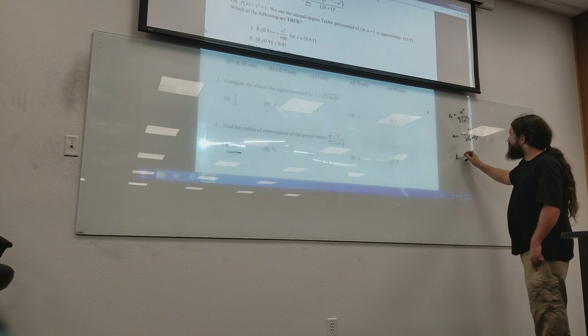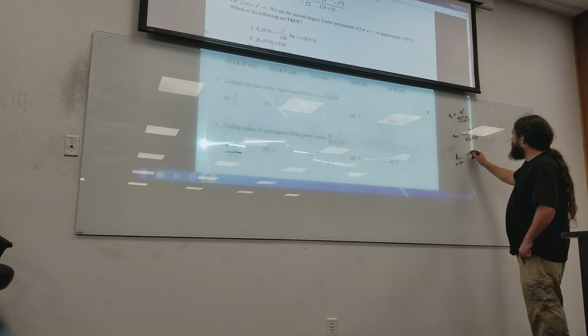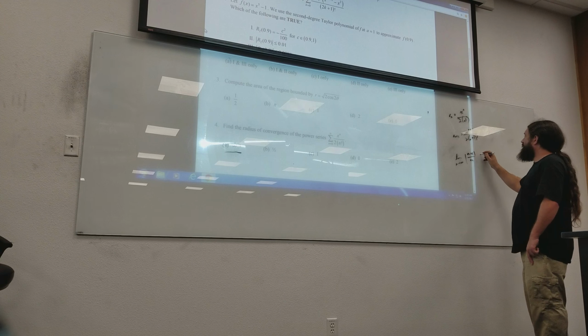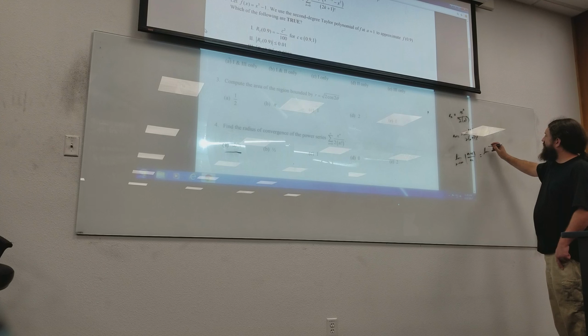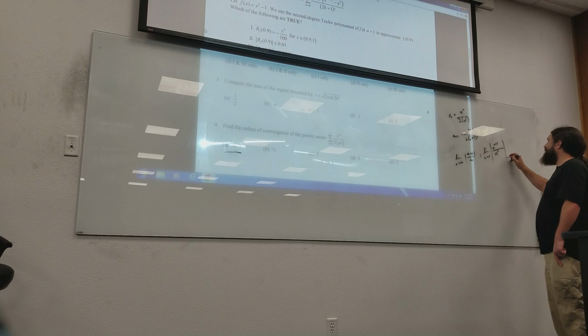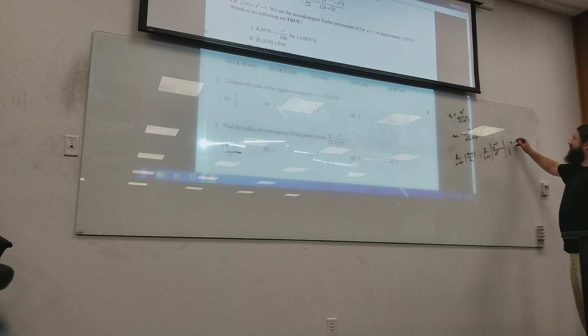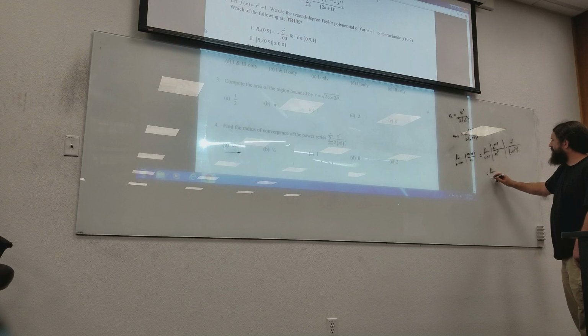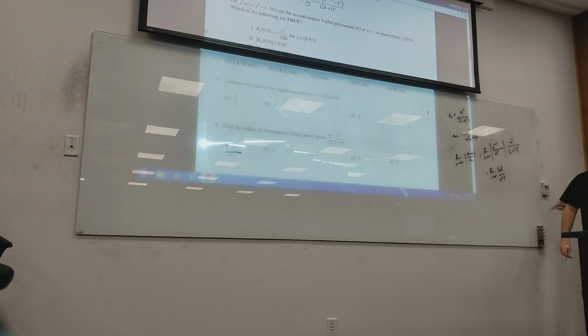Alright, so the limit as n goes to infinity of the absolute value of a_(n+1) over a_n is the limit as n goes to infinity of the absolute value of x to the n plus 1 over x to the n times n factorial over n plus 1 factorial, which is the limit as n goes to infinity of the absolute value of x over n plus 1, right? Because your n factorial and your n plus 1 factorial just leave an extra n plus first term on the bottom. So what does this do as n goes to infinity?